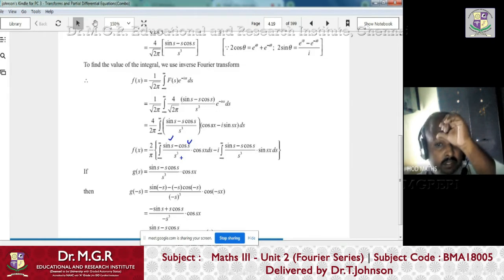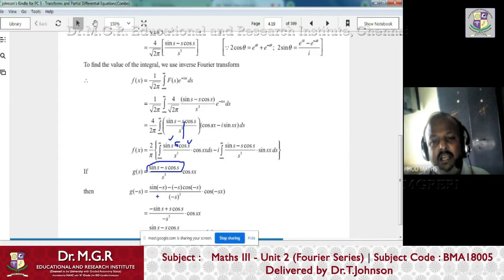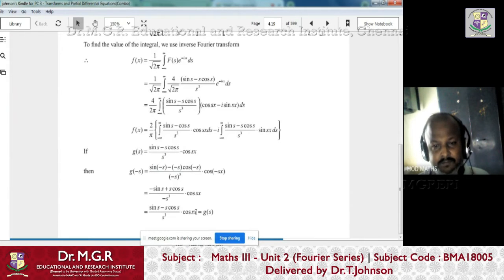So when you take sin s minus s cos s, and you change s to minus s, that is f of x as f of minus x, wherever s is there, you put minus s, right? Then you will get finally g of s itself.